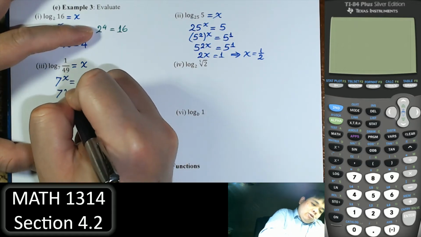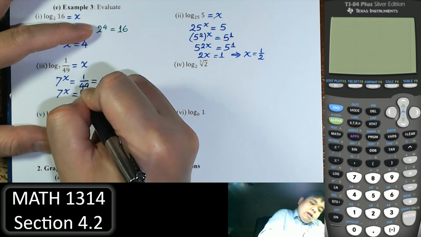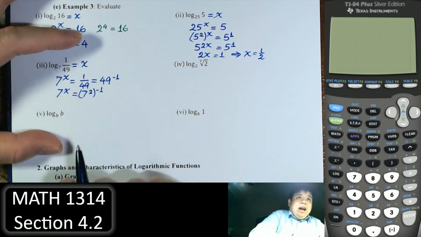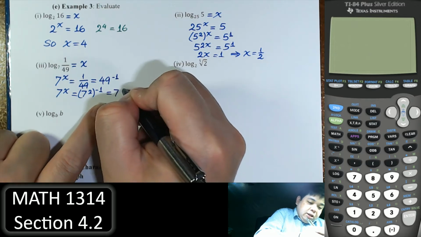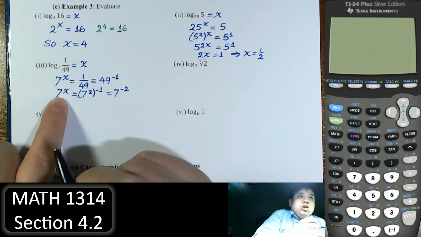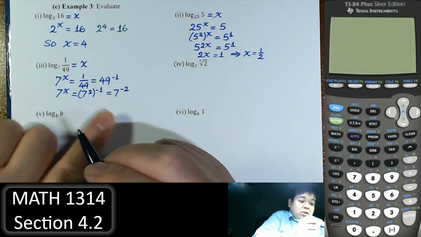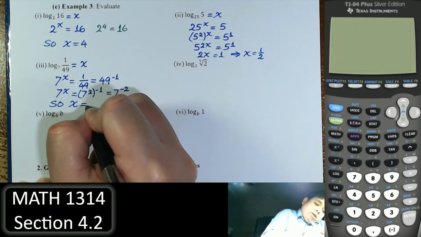So we have 7 to the x equal to 49 is 7 squared, and exponent to another exponent, we multiply those. 2 times -1 is -2. So base 7 to the x power, base 7 to the -2 power. So x is equal to -2.